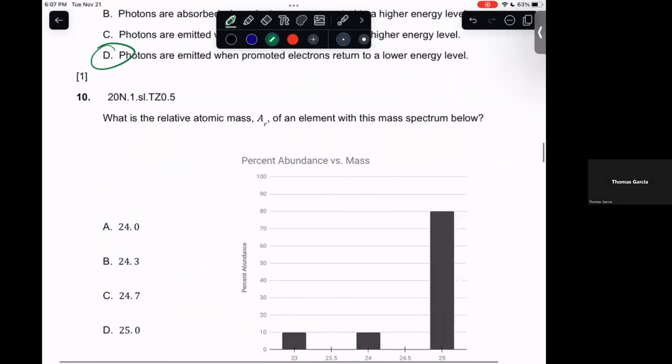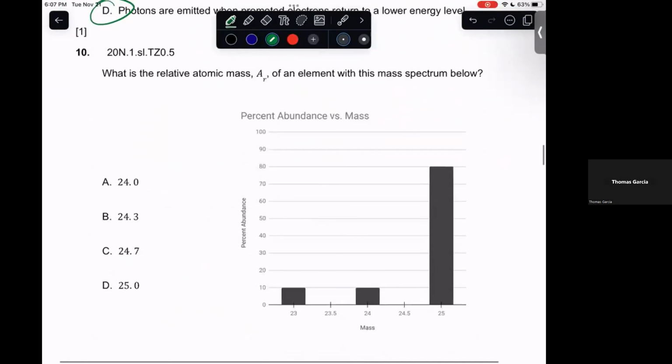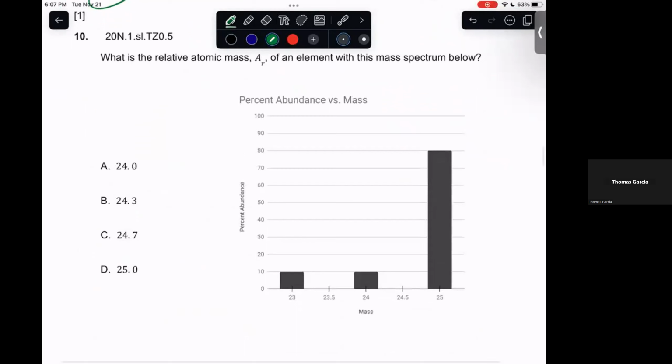What is the relative atomic mass, AR, of an element with the mass spectrum shown below? Well, I already can tell that there is a lot more of the 25, so our answer is going to be closer to 25, but it's not going to be exactly 25. So with that in mind, chances are it's going to be C, no math involved.